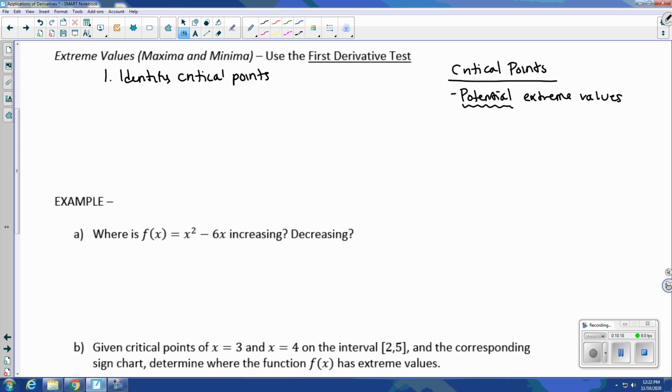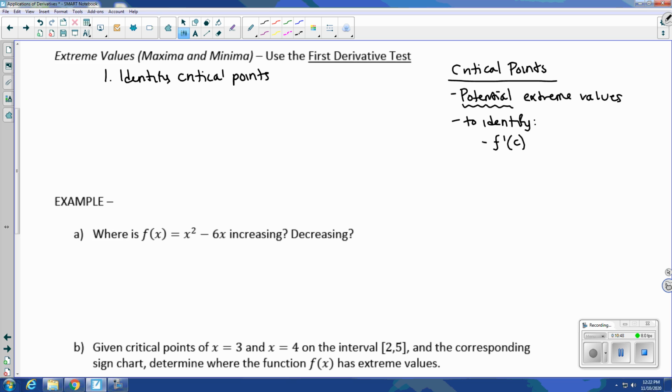So to identify, we've already discussed that if I do have an extreme value, one of those three conditions we discussed has to be true. So to identify, what I want to do is consider all three of those conditions to populate my list of critical points. So we want to know where does the derivative equal 0?